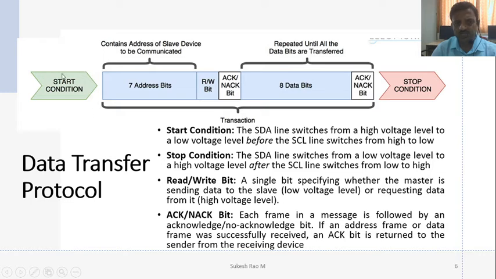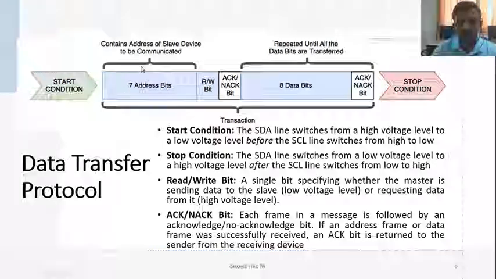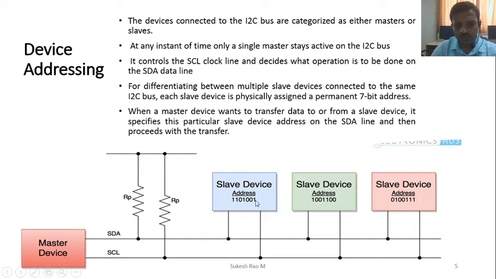Once the start condition is achieved, immediately after it the data bus, the SDA line, will provide the 7-bit address. That contains the address of the slave device to be communicated with. For example, if I have a slave device whose address is 69 and I want to communicate from the master to that slave, I first send the address of the device.